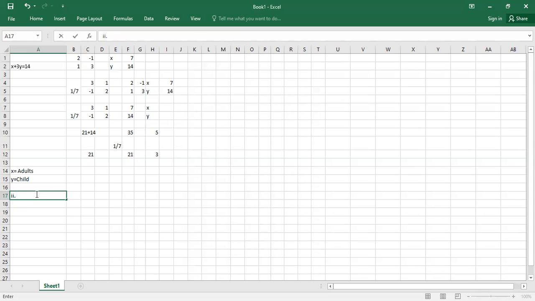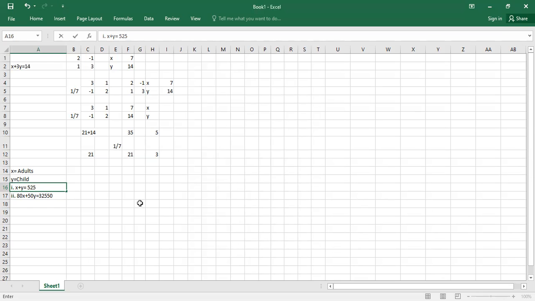So our second equation will be 80x plus 50y, which is giving us 32,550. Our first equation will be x plus y equals 525, since 525 tickets were sold.